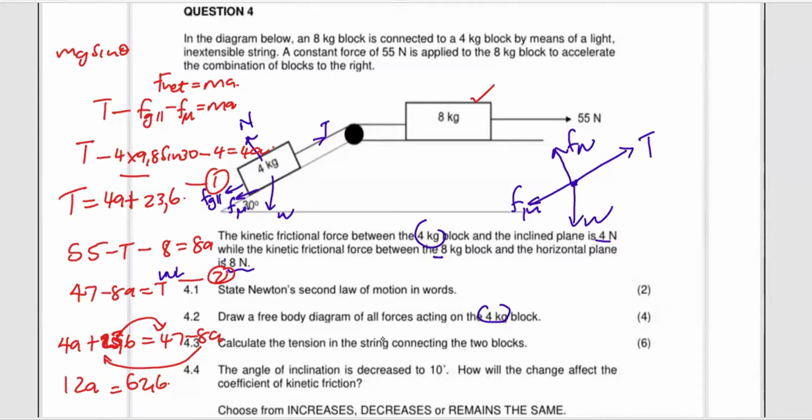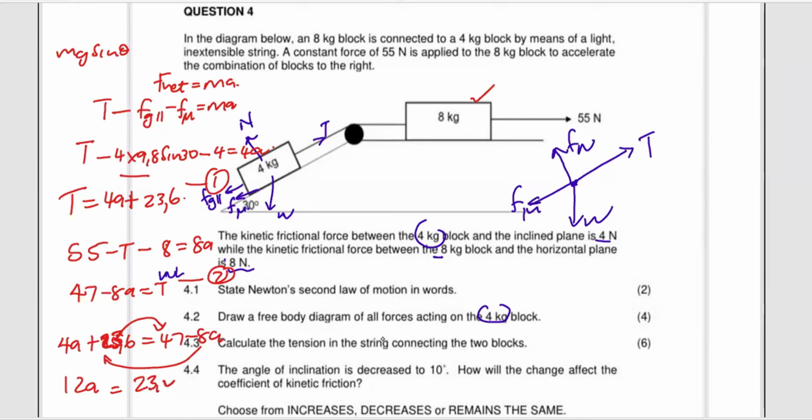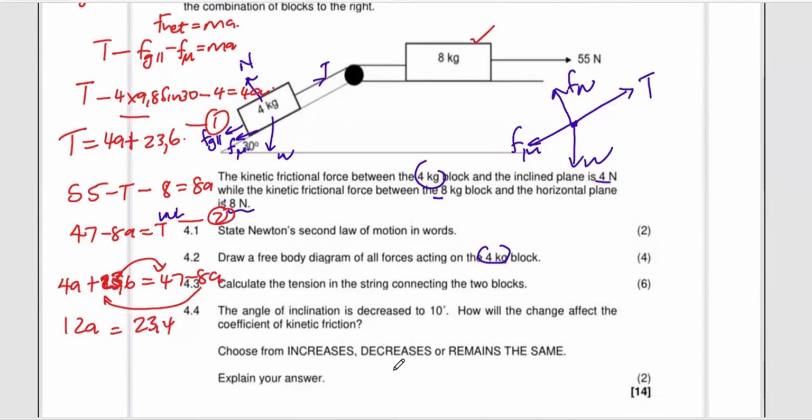And why are we plussing? We're supposed to minus, because it was 47 minus 23.6, which gives me 23.4. And then I can now divide both sides by 12.